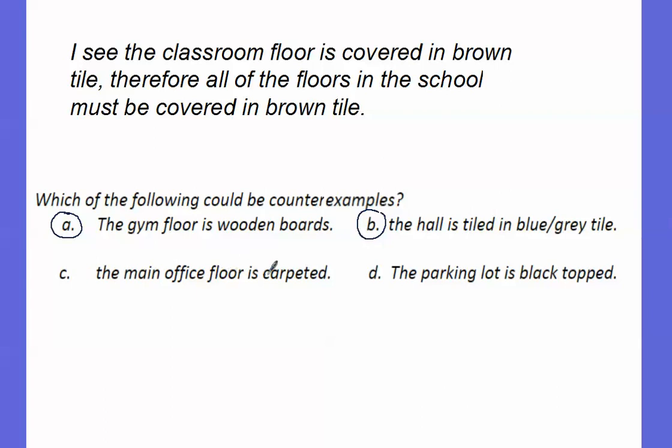C, the main office's floor is carpeted. Again, part of the school and not tile. D, the parking lot is blacktopped. Here, this parking lot is not part of the school, so it doesn't matter what it is; it's not a valid counterexample. So you have three possible counterexamples.